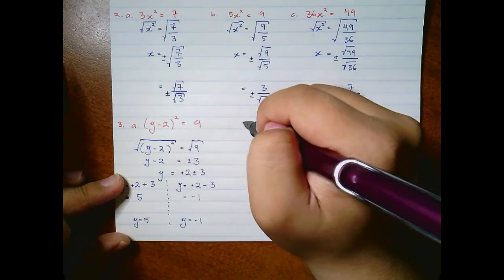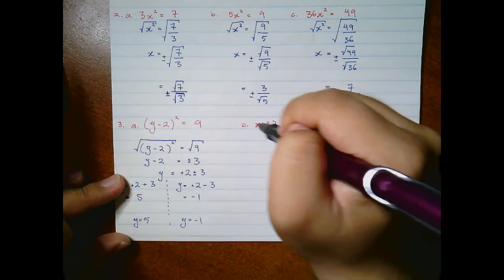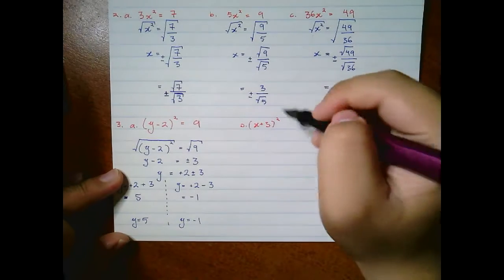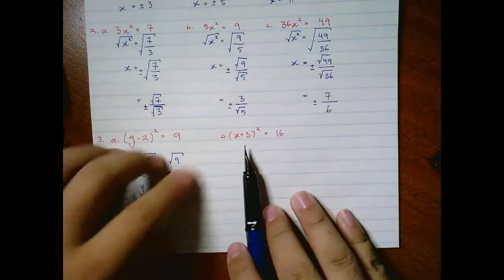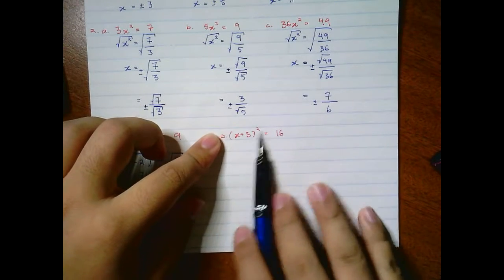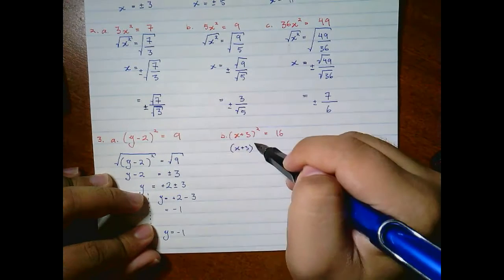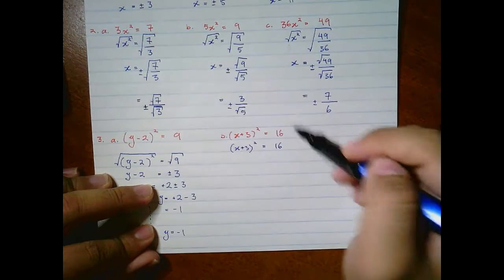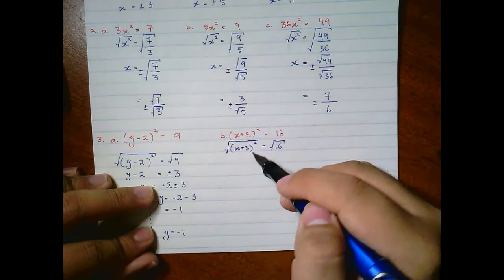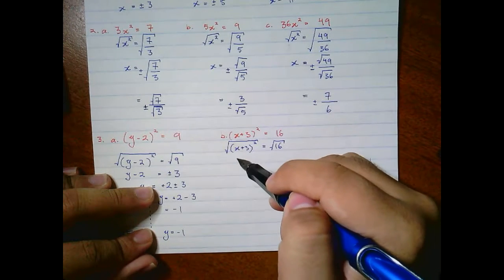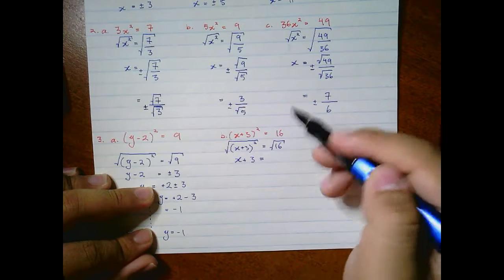Question 3b. We'll take x plus 3 whole squared equals 16. Once again, this is on its own, so we're going to square root both sides. That will leave us that expression inside on its own on the left-hand side.